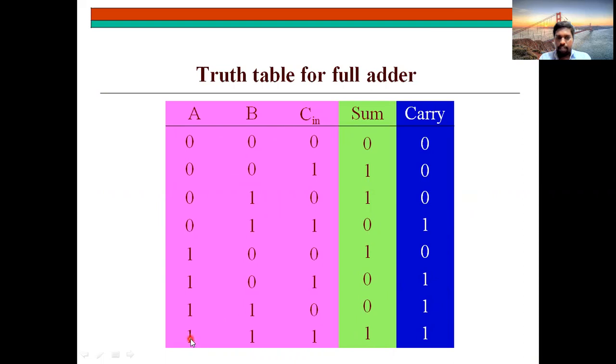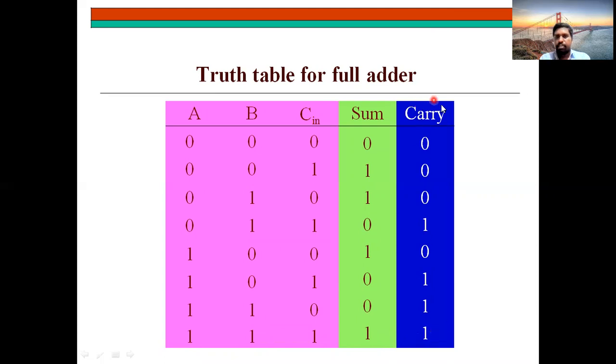But be careful when adding three ones: you will get sum 1, carry 1. While adding two ones, you will get sum 0, carry 1. Very, very important: when an even number of ones are added, 2, 4, 6, 8, sum is 0, carry 1. When an odd number of ones are added, that means 3 ones, 5 ones, 7 ones, sum will be 1, carry will be 1.